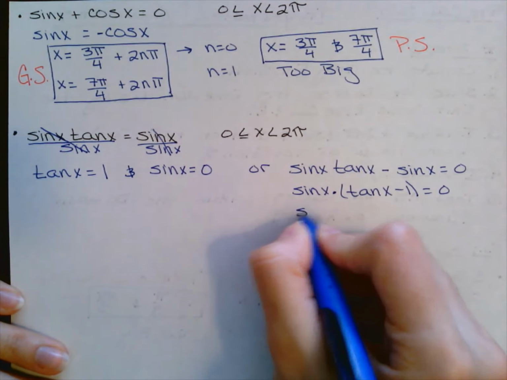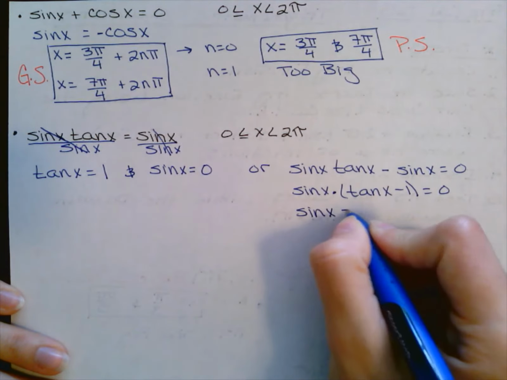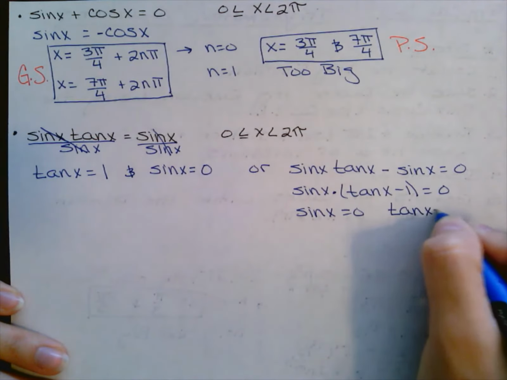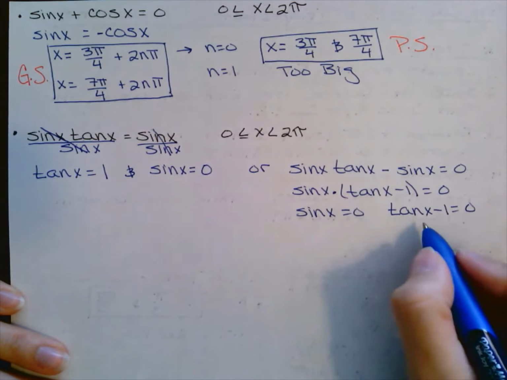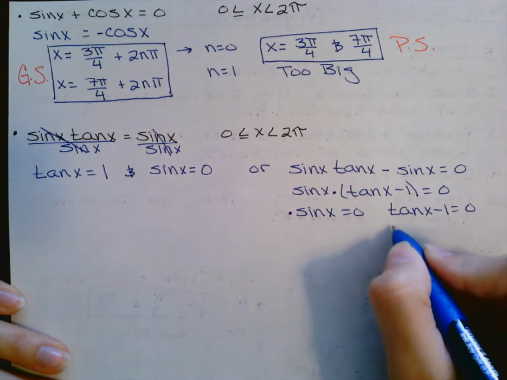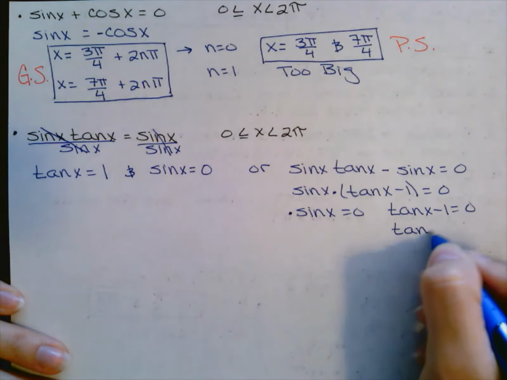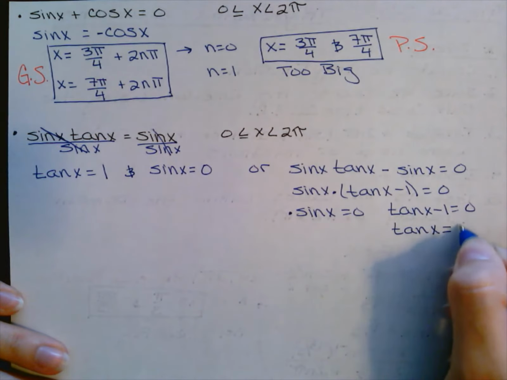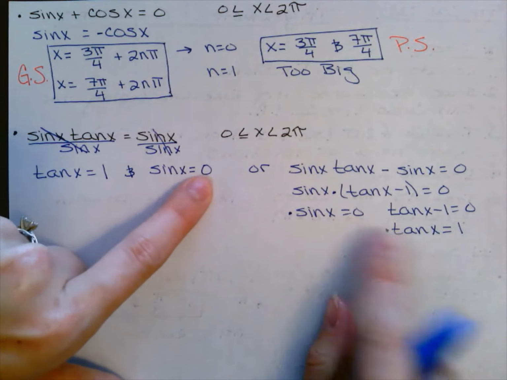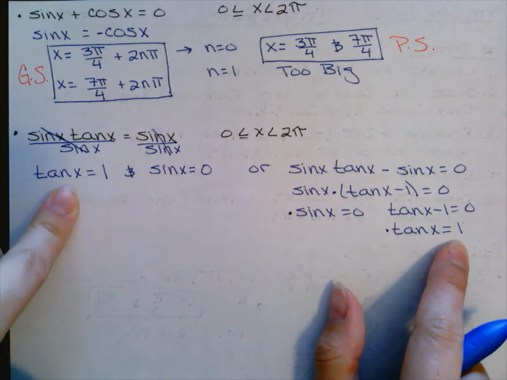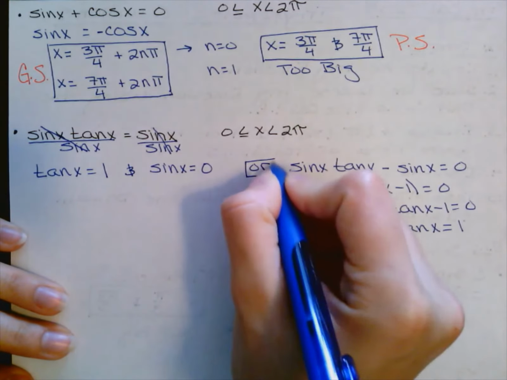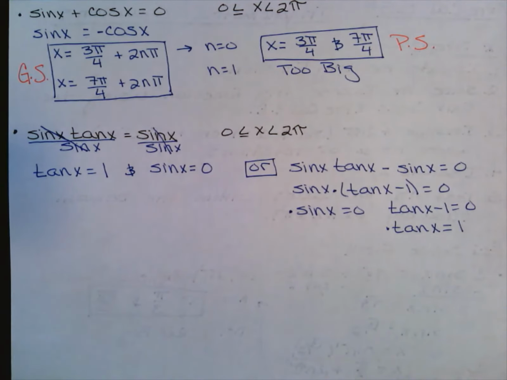And now I have sine of x equals 0 and tangent of x minus 1 equals 0. To finish isolating the trig function, here we're good. On this one, I'd have to say tangent of x, I'm going to add that 1 over, equals 1. And notice that I end up with sine of x equals 0 and tangent of x equals 1. So 2 different methods, giving you the same exact thing.